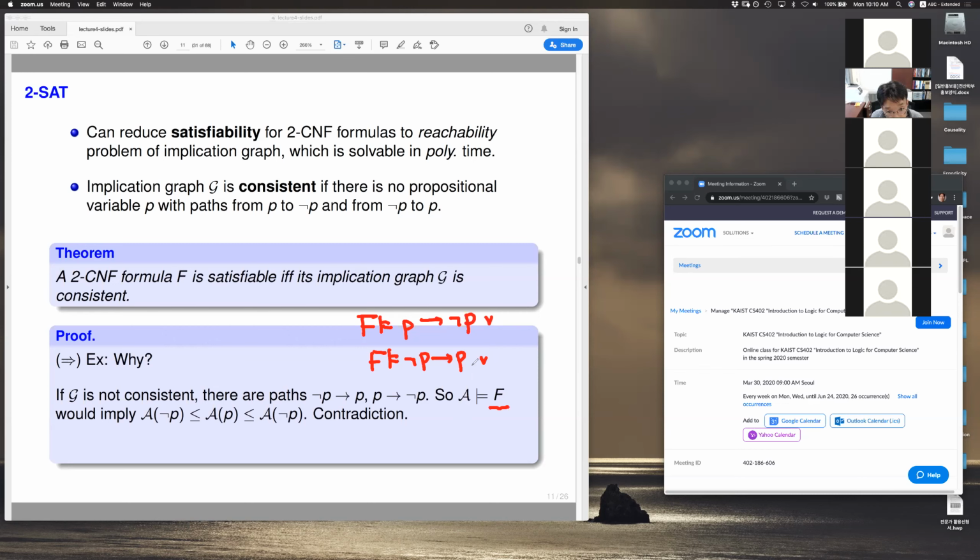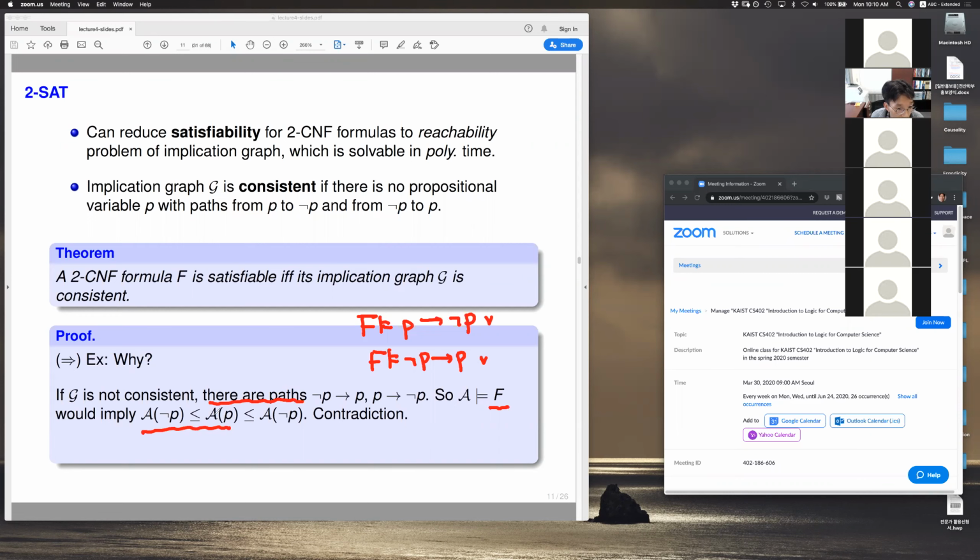From the semantics of the implication, the implication below gives us one order relationship, and the implication above gives another order relationship. But this cannot happen.